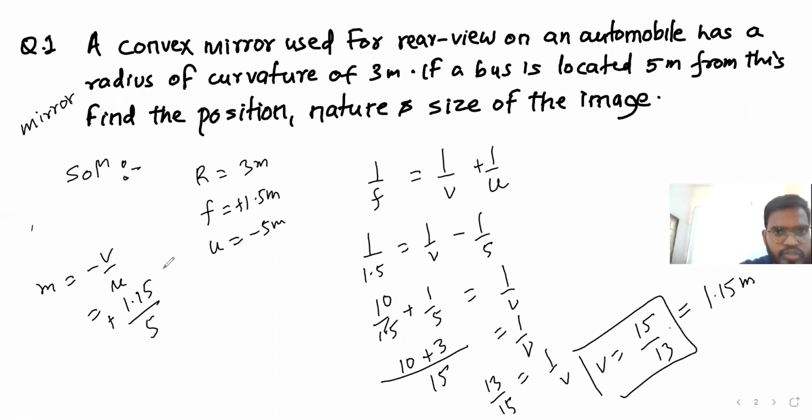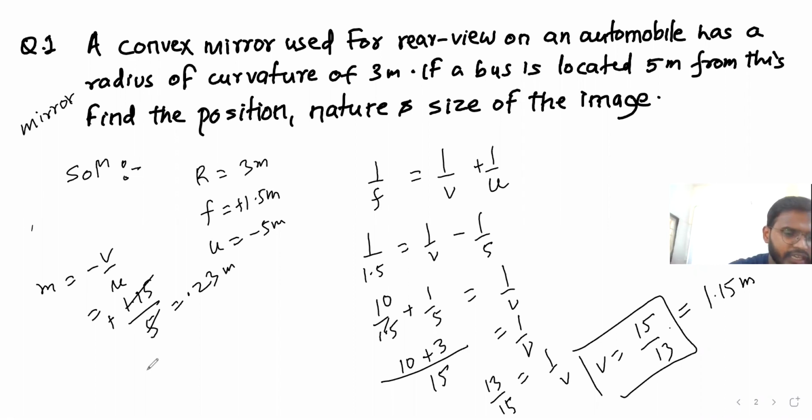If you solve this, it is plus 0.23. So the image is what? We can say directly that if the magnification is positive, then the image is virtual and erect, and the mirror is anyway convex.